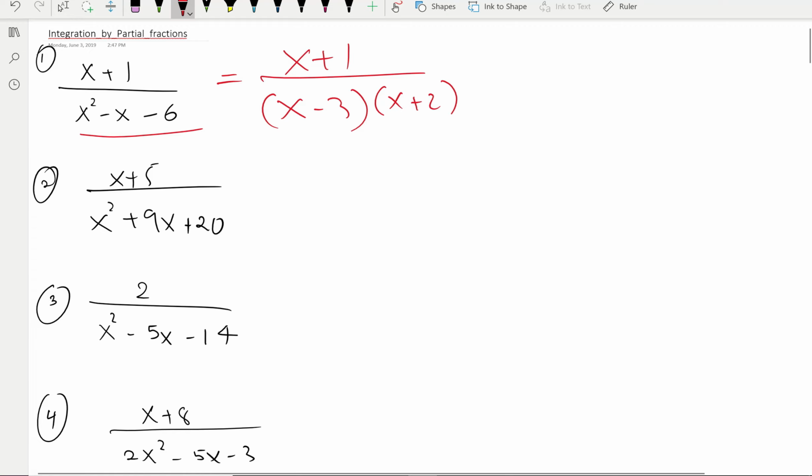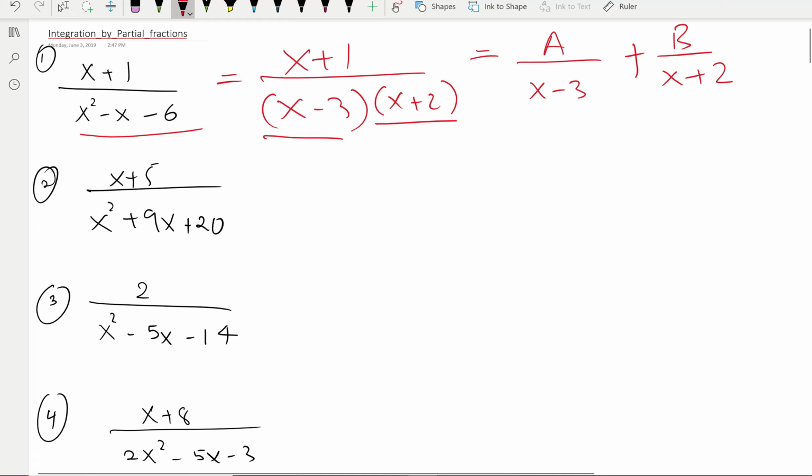Now what did I say? For each factor you will have a corresponding fraction in the decomposition. So let's take the x minus 3 factor. It will be A over x minus 3 plus, we can write it as a combination of addition, for this factor, capital B over x plus 2. Very simple. That's the decomposition. For each factor there will be a corresponding fraction.